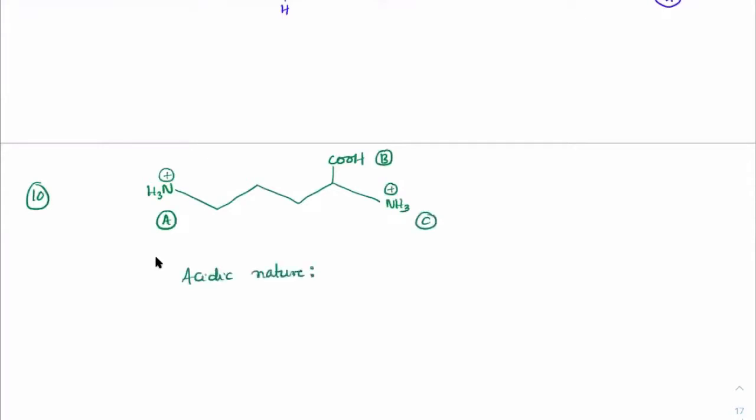I told you something about ammonia yesterday, we derived it also, that their pK values will start across 9, not before that. So between B and AC, which one will be more acidic? OH will be only more acidic. B is there. Correct. So B will be more acidic.